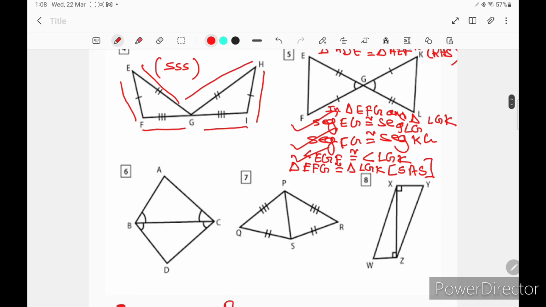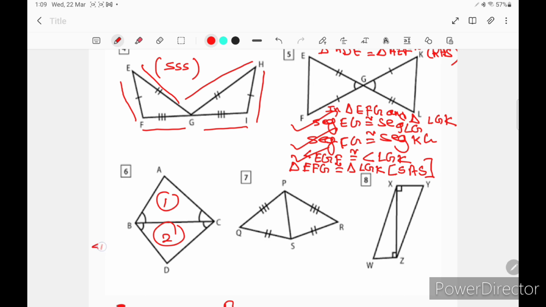Our next question, number 6, has two triangles, triangle 1 and triangle 2. In the first line you have to write triangle ABC and triangle DBE. Now what is given?